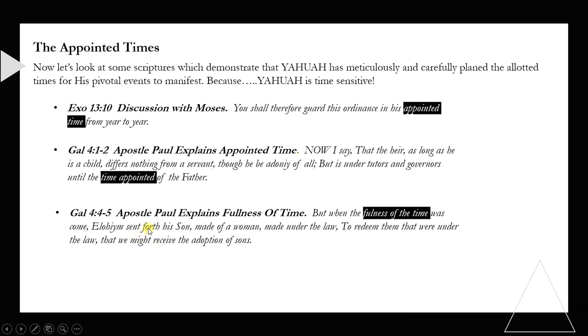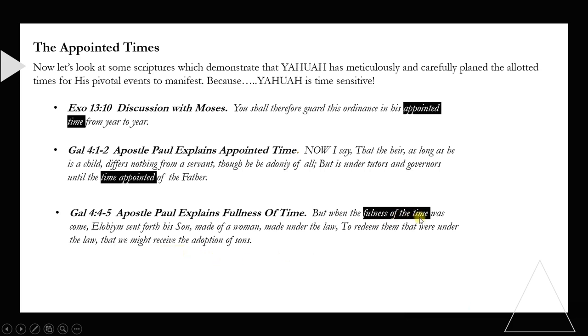Here's another explanation of Paul concerning time. Galatians 4, 4 through 5. When the fullness of the time was come, Elohim sent forth his son, made of a woman, made under the law, to redeem them that were under the law, that we might receive the adoption of sons. When was this done?